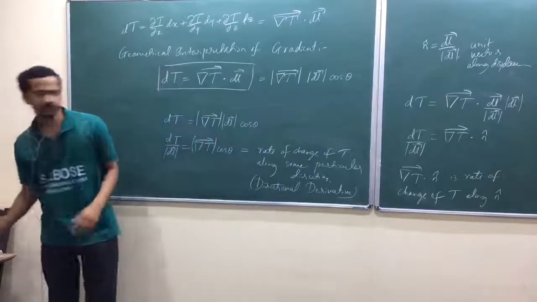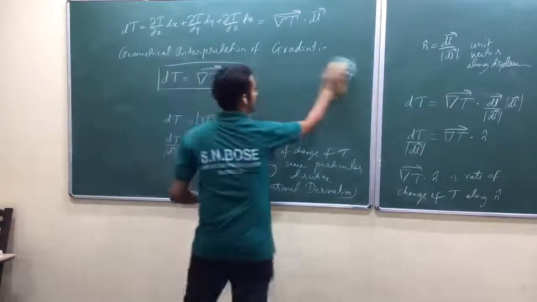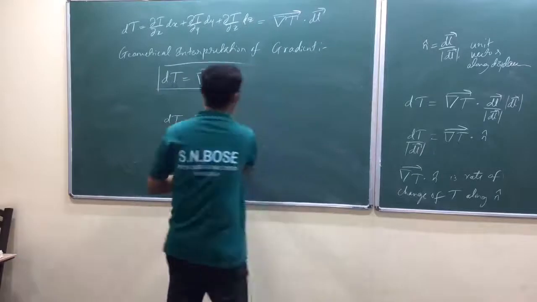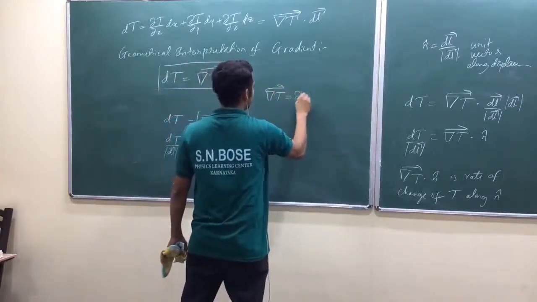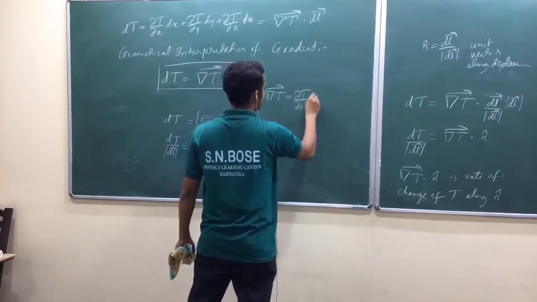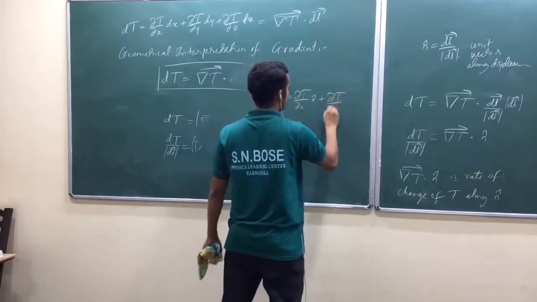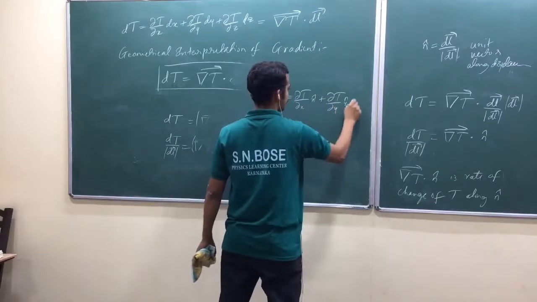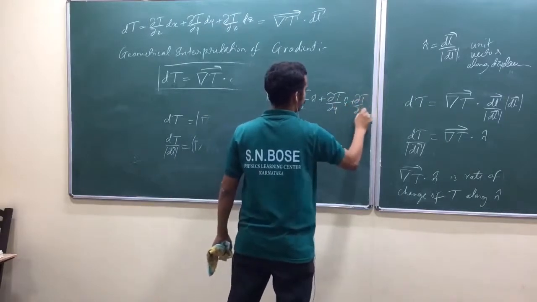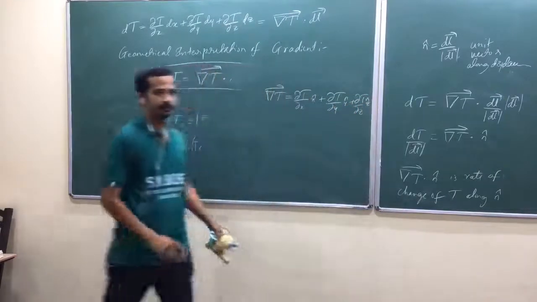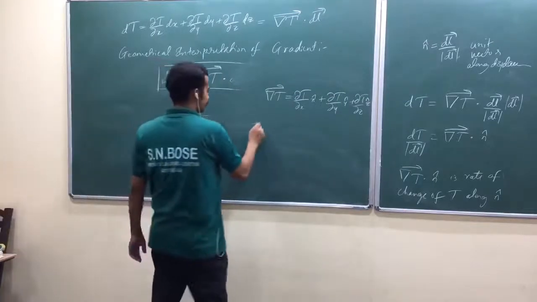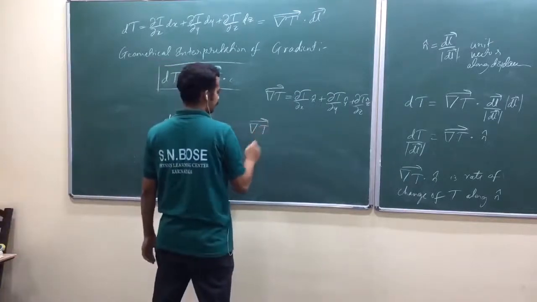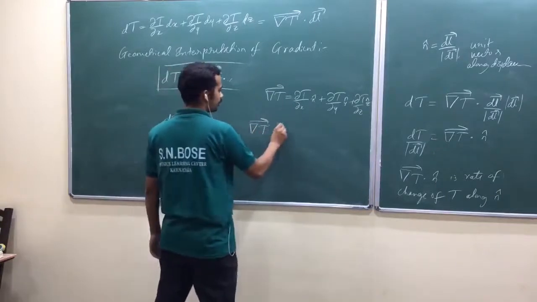Now let me get you the simplest form of this one. Look at here. How did you define gradient of t? Dou t by dou x into x cap plus dou t by dou y into y cap plus dou t by dou z into z cap. Am I right? You defined gradient like this. Now, dot product with x cap.